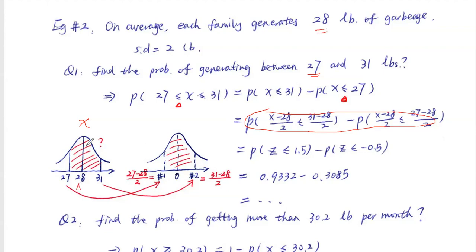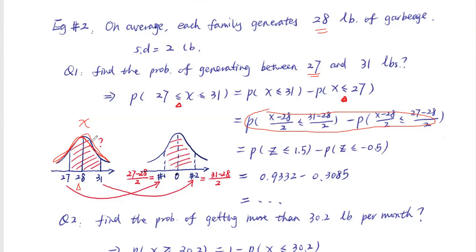Everybody, tell me, is this curve a normal distribution? Yes, it is a normal distribution because that's a bell-shaped form. Now tell me, is this distribution a standard normal distribution? No, because the center is 28, it's not at 0.